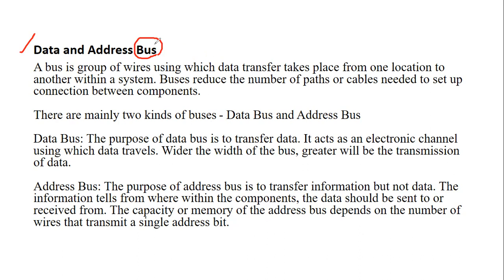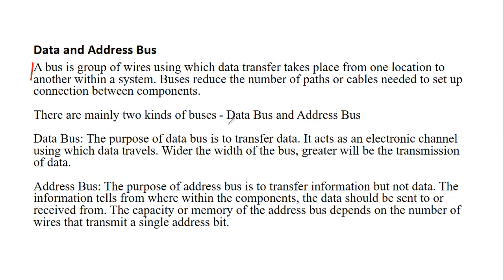Basically these buses are carrying information. What is written over here? A bus is a group of wires using which data transfer takes place from one location to another within the system. This is the basic definition of a bus.